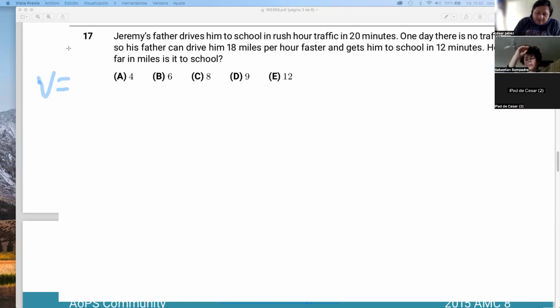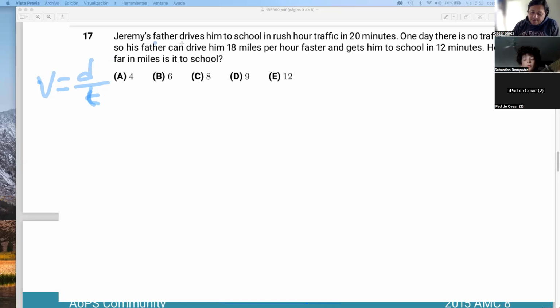Okay, distance over time. This will be an important formula for solving this problem. And usually distance is given in miles, but time will be given in hours, not in minutes. So we are going to use this formula.